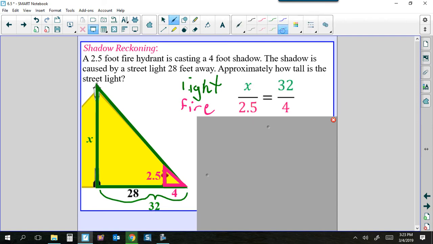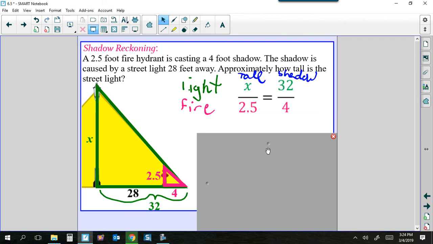Then our right side is talking only about the shadow and how long that shadow is. So on the left, we have how tall the object is, and on the right, we have how long the shadow is. And then once you set it up, you're simply going to go through your cross multiplication process.